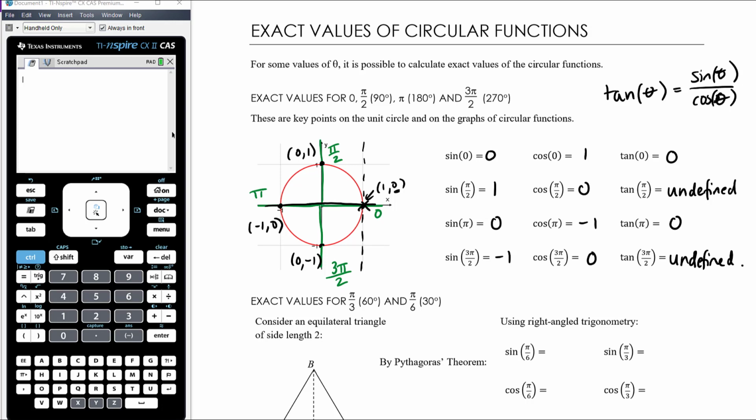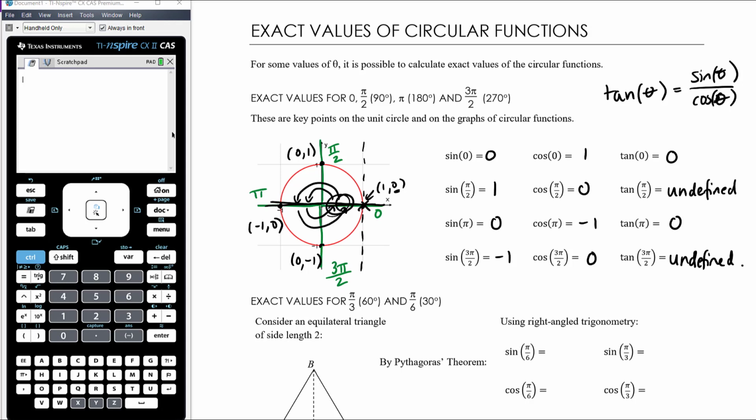Okay, so any multiple of pi on 2, you should be able to calculate the exact value. It's only going to be 0, 1, or negative 1, or undefined, for sine, cos, or tan anywhere in the unit circle. If we looked at sine of 12 pi, if you think about what's happening here, 1 pi, 2 pi, 3 pi, 4 pi, even multiples of pi are over here, and odd multiples of pi are over here.